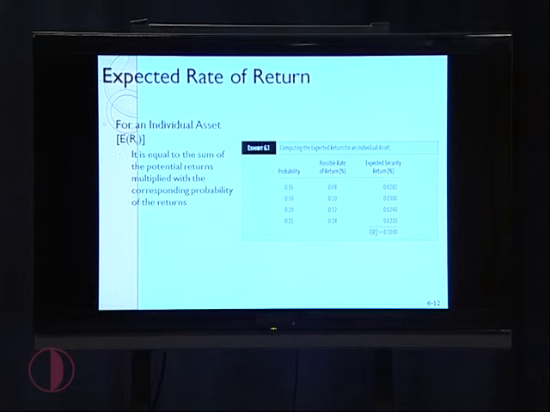For individual assets, we can compute the expected return from the probability and the possible rate of return. We calculate the expected rate of return by multiplying the probability for that asset by the possible rate of return. The summation of possible rate of return multiplied by the probability will be the expected rate of return for the individual asset.